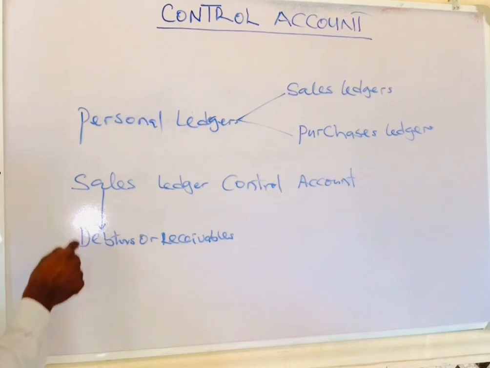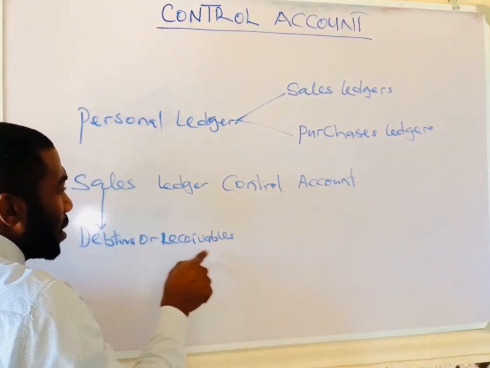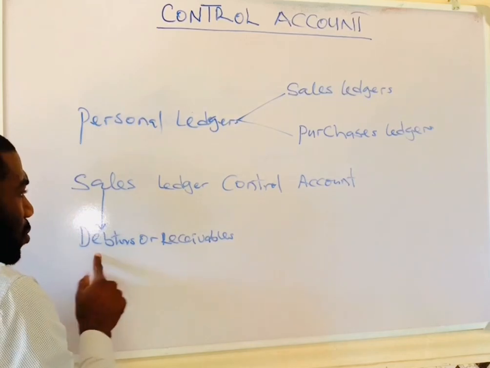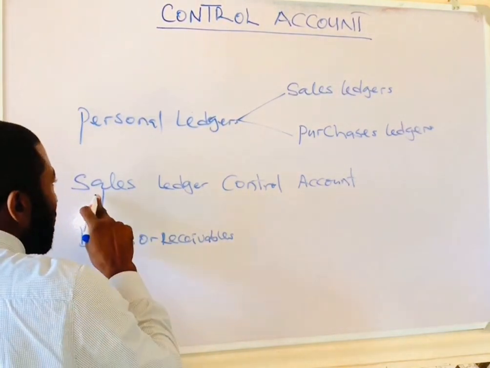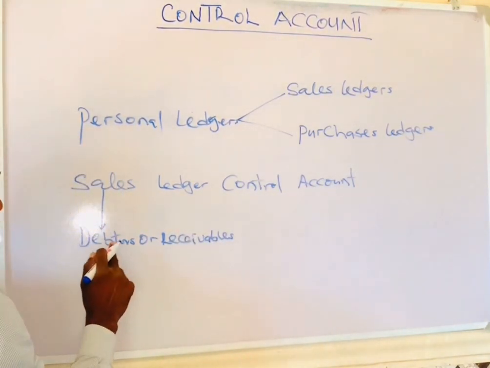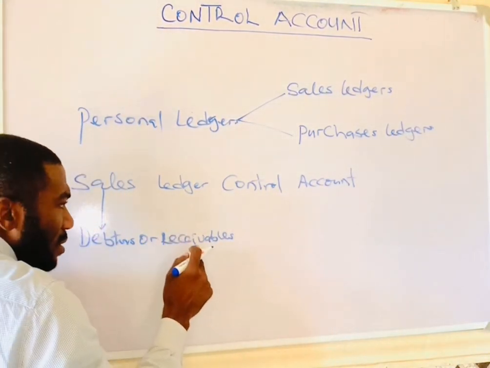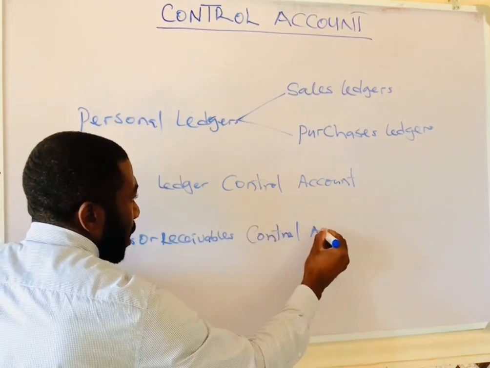So since debtors and receivables are the same, you can either say sales ledger control account or debtors or receivables control account.